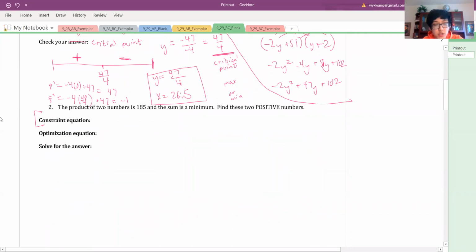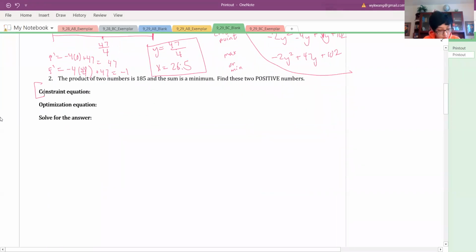So it's not as clear what the constraint equation is. So I'm gonna give everyone 1 minute. And if you figure out the constraint equation, I would like for everyone to send the equation into the chat that you get.